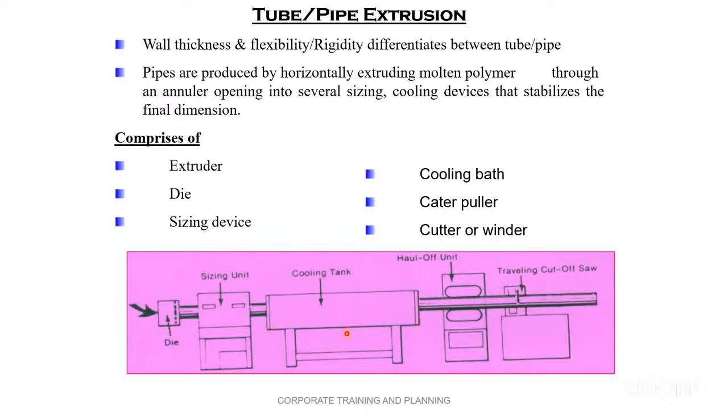If you keep the 6 meter length of the cooling tank for polypropylene or HDPE, what will happen? The pipe is not completely cooled, 100% in the cooling tank. 50% it will cool here and 50% outside. Therefore, there is a chance to get warpage or some fault in the pipe, because you are not giving sufficient cooling time here, friend. Your pipe may break immediately.